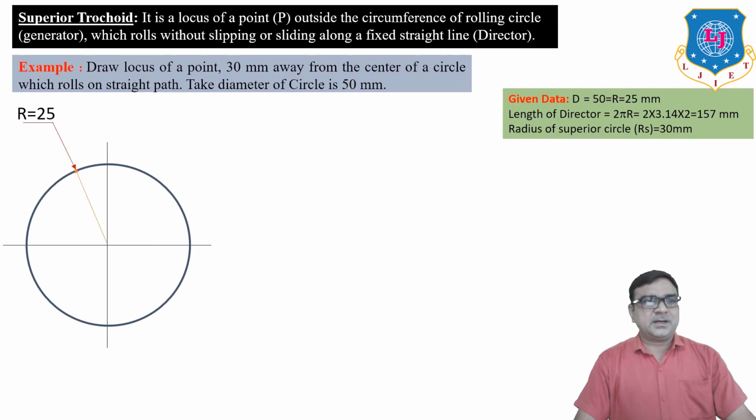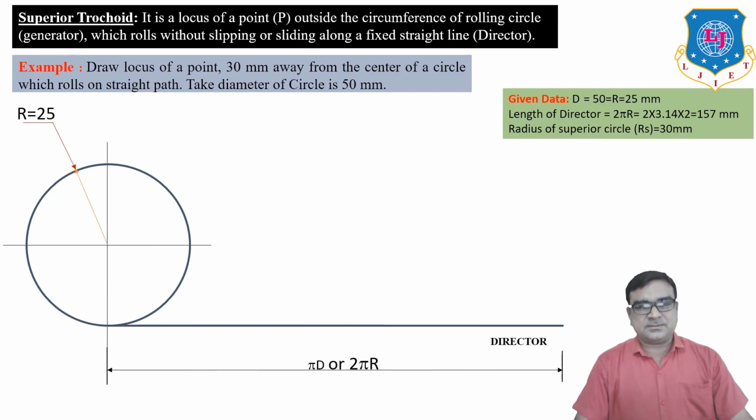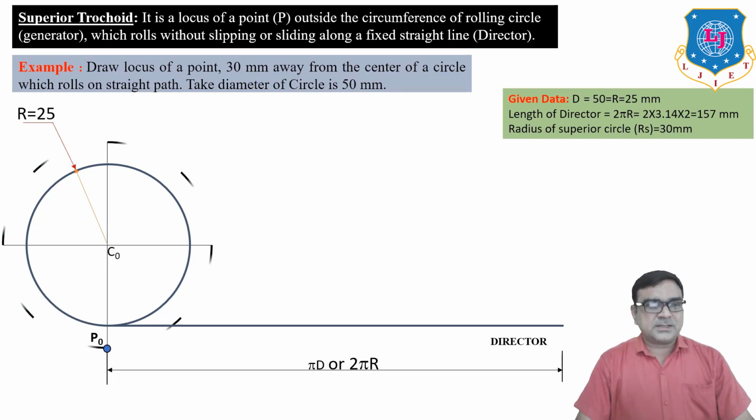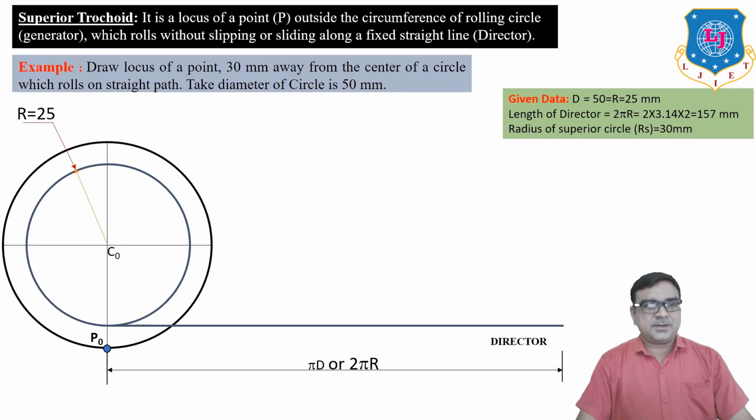Draw one circle by taking 25 mm radius, and the director 157 mm. Draw another circle of radius 30 mm. We take the initial point P0 on this circle of radius 30 mm and divide the circle into 8 equal parts, and the horizontal line is also divided into 8 equal parts.